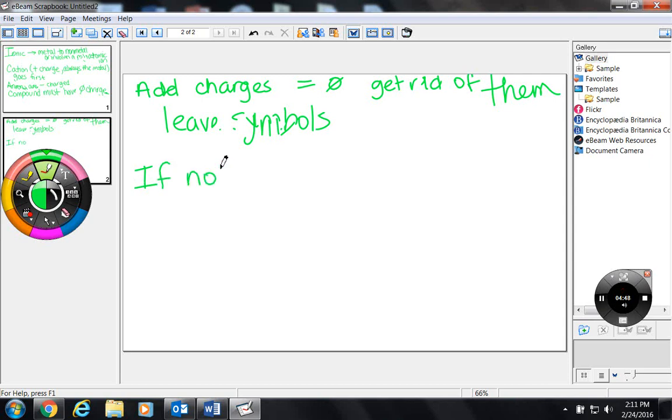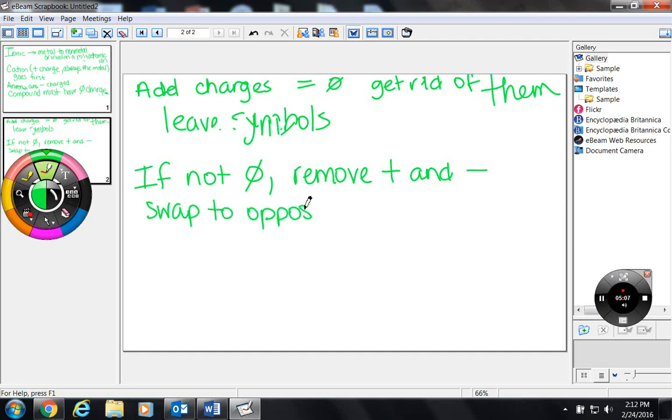If not zero, remove the plus and minus, swap to the opposite symbol, and make a subscript.